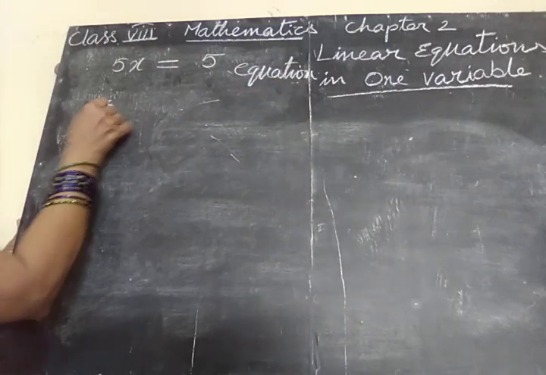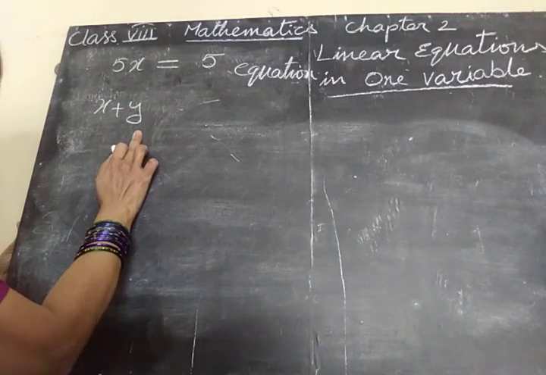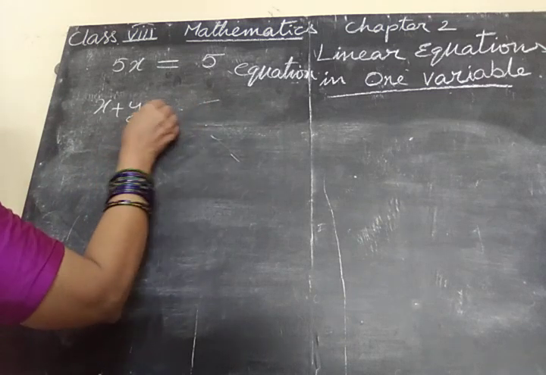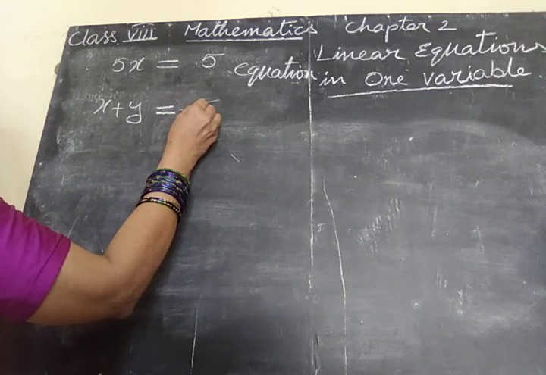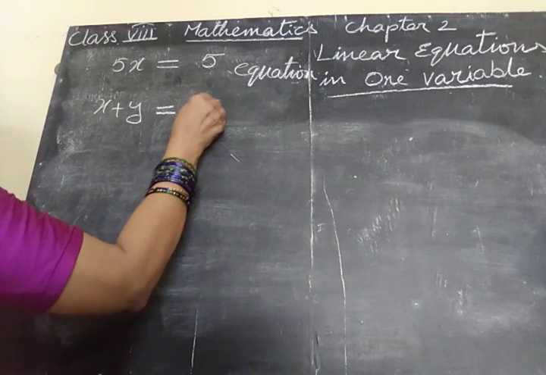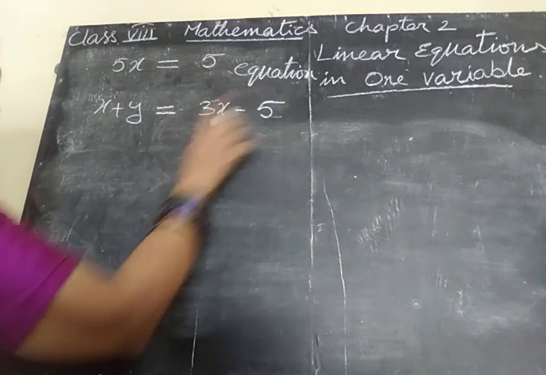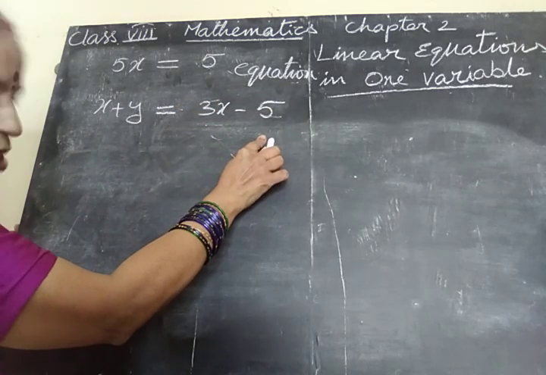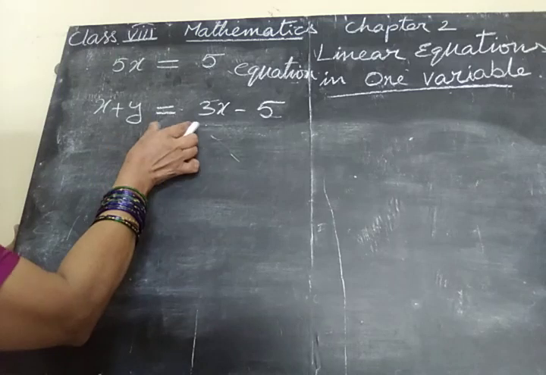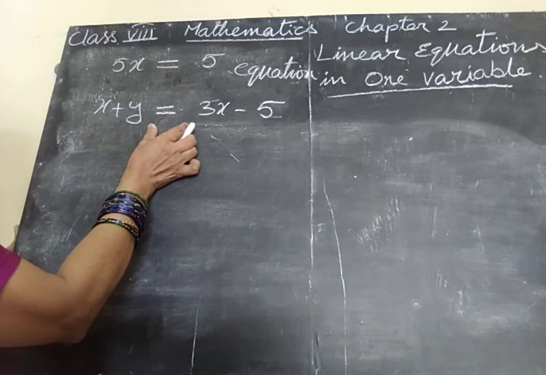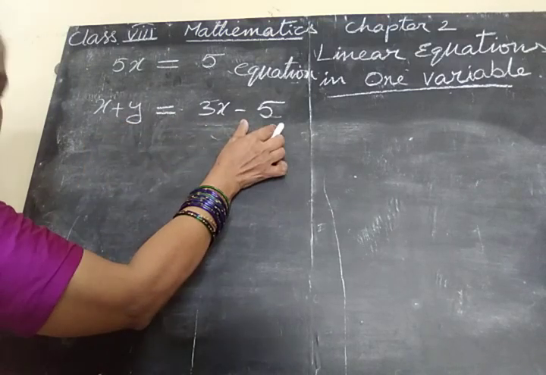See, x plus y is an expression, and this is equal to 3x minus 5, which is another expression. Between these two expressions there is an equal to sign, so this is called an equation.